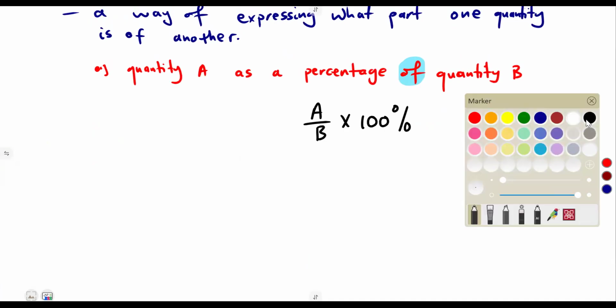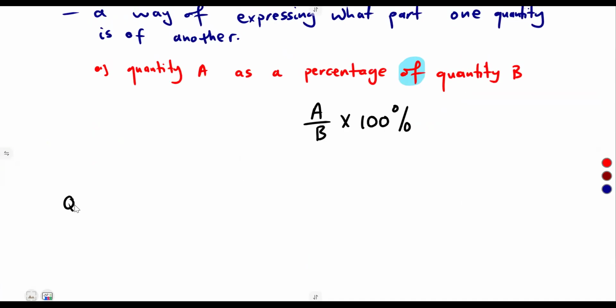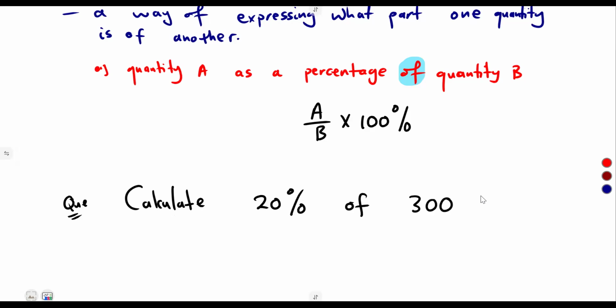Let's say we are given a condition where you are given to find a percentage of a number, to calculate a percentage of a number, like calculate 20% of 300. 20% of means what?